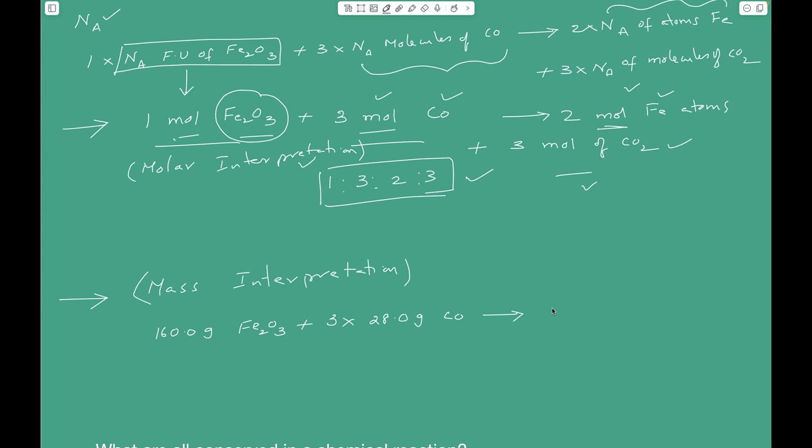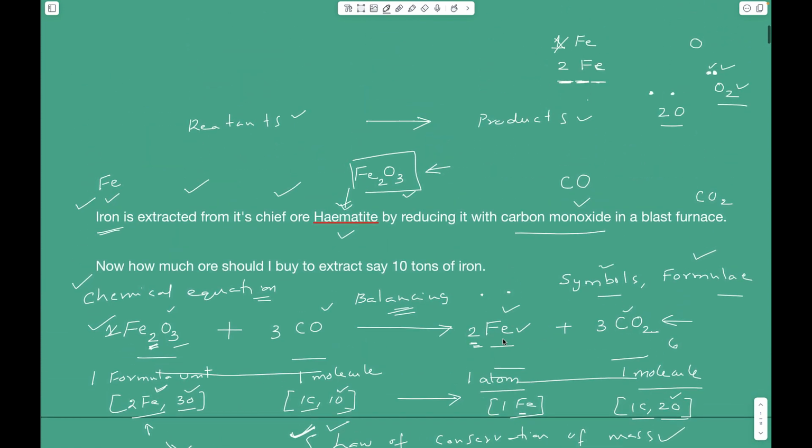These two combine to produce 2 moles of iron, that is 2 times 56.0 grams of iron, plus 3 times 1 mole of carbon dioxide weighs approximately 44.0 grams. See, now we have a relationship between their masses, and masses are something that we can measure. So by using the relationship between their masses, we will be able to answer our question.